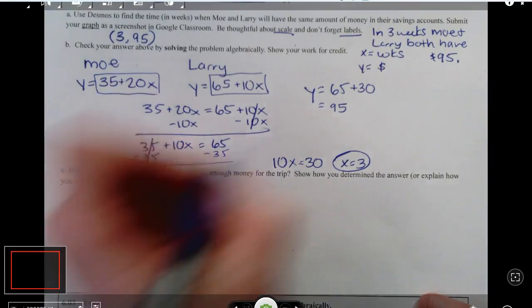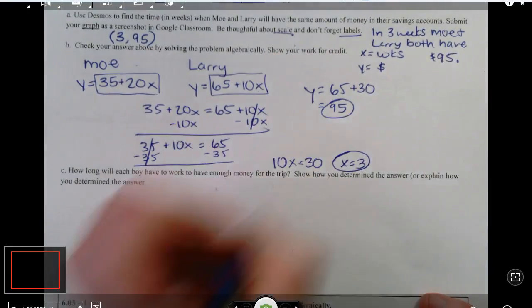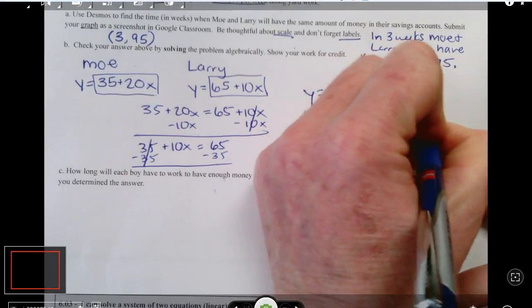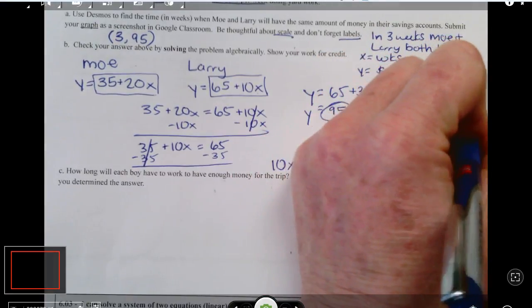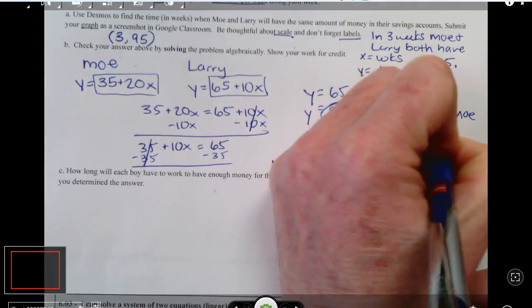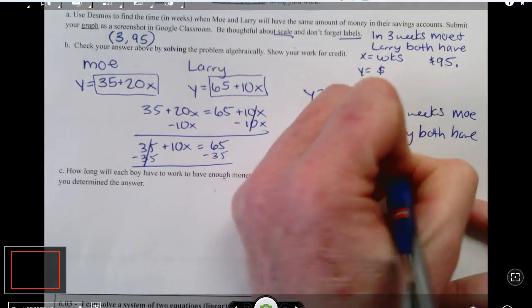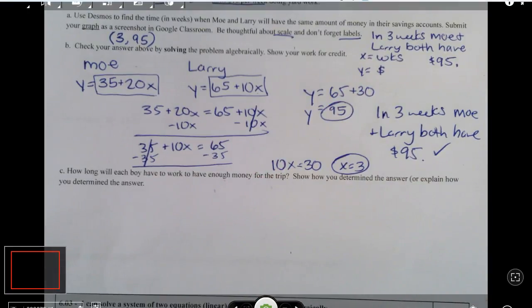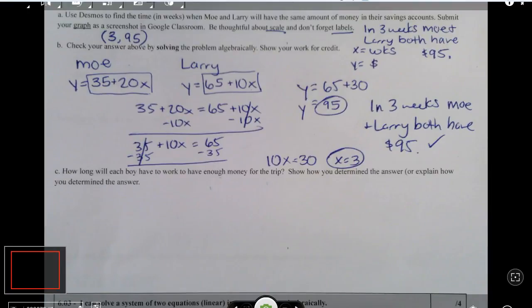Good way to check. So there is my work. In 3 weeks, Mo and Larry both have $95. We checked.